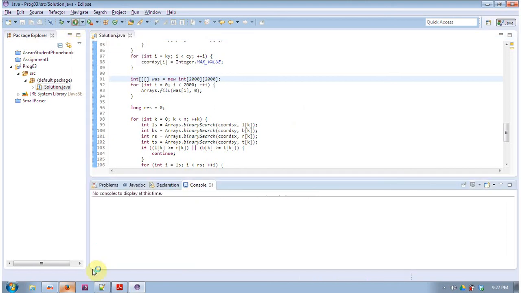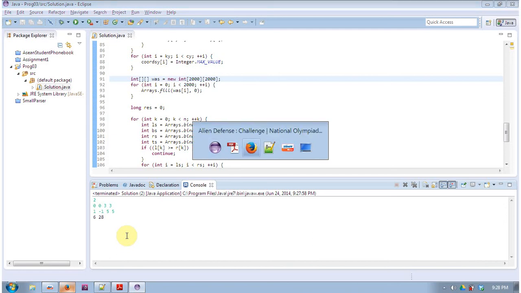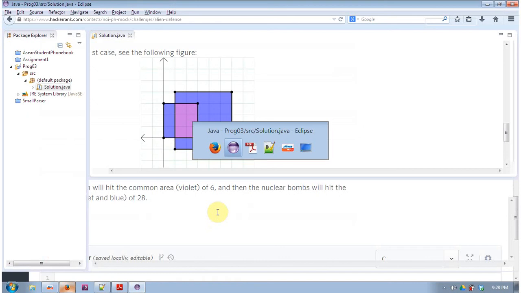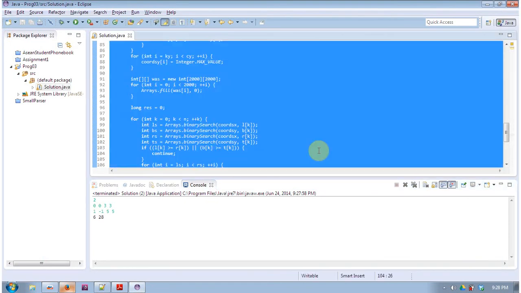Then 2, 0, 3, 3, 1. Okay, we have 6 and 28. 2028.